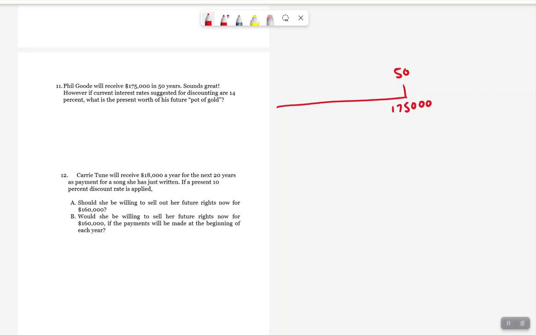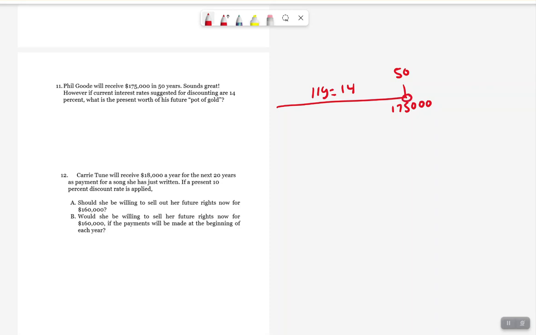Who doesn't want money? However, if the current rate suggested for discounting is 14%, so your I/Y is 14%, what is the present worth of his future pot of gold?